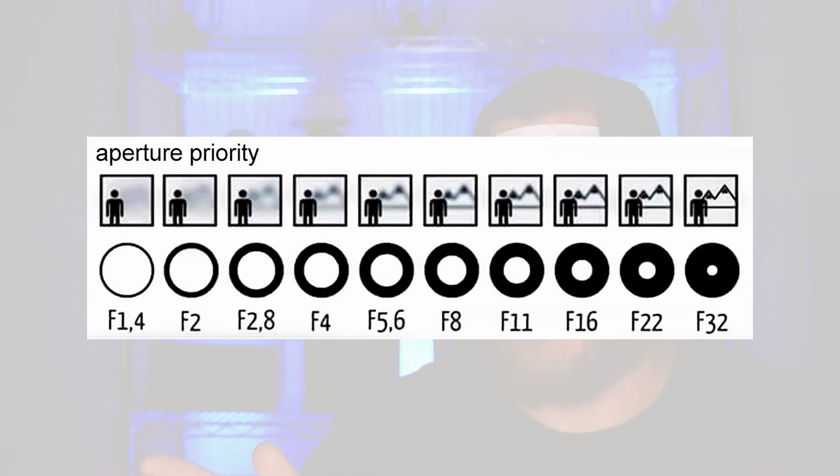For landscape photographers, that's not such a good idea. Portrait photography, absolutely. Weddings, absolutely. Landscapes, no. You want to shift your aperture to around the f8 to f16 mark. As you can see, the higher the f-stop number, the more in focus everything is.